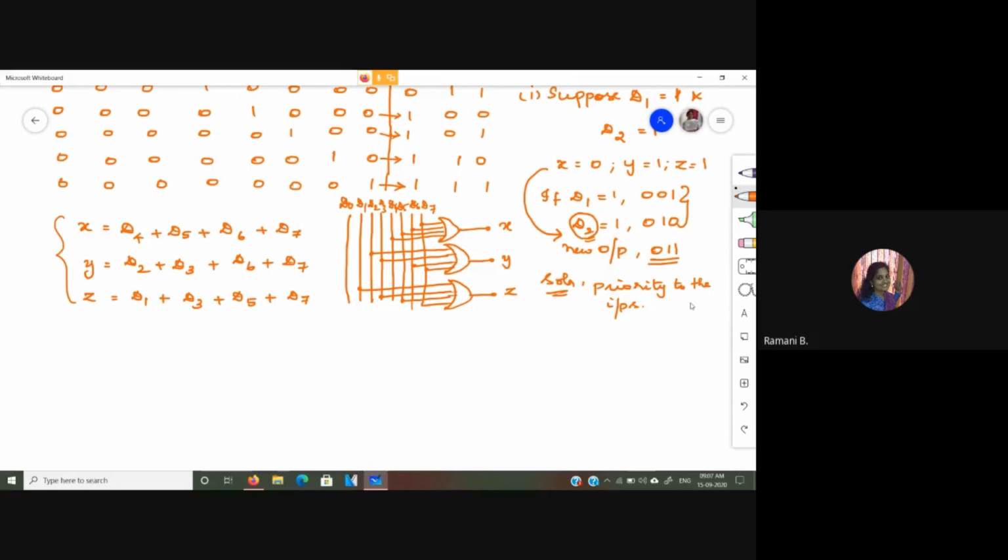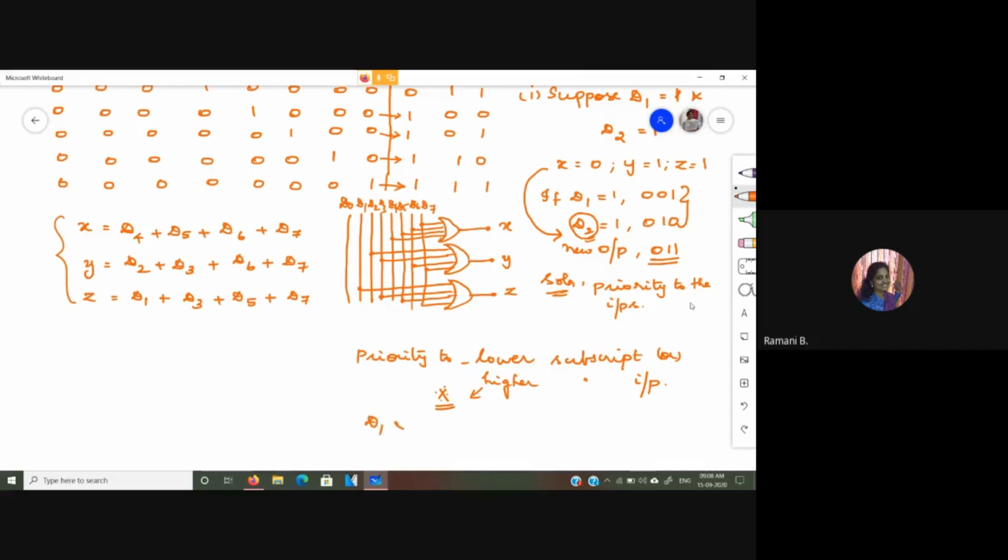You can give priority to either the lower subscript input or the higher subscript input. It is entirely up to our design. So if I give priority to the higher subscript, this is what I am going to do.